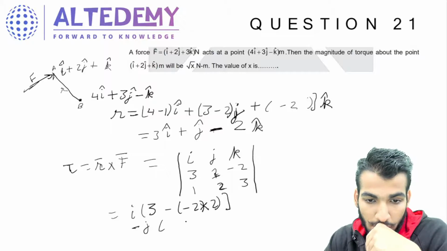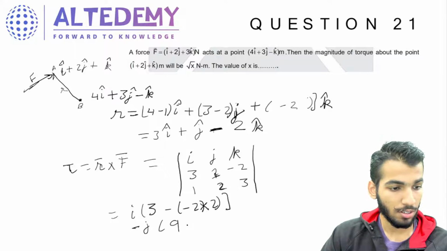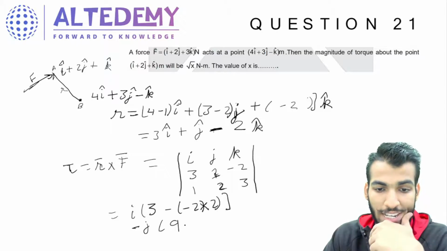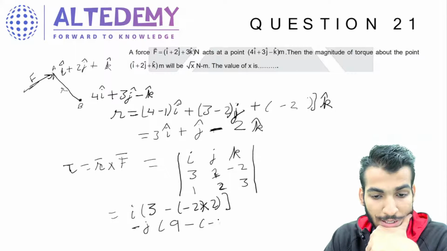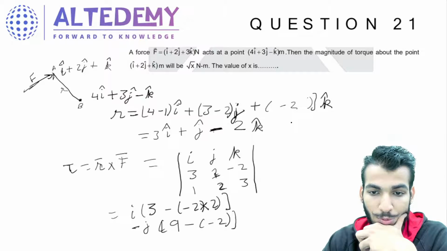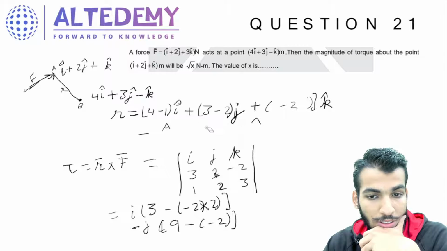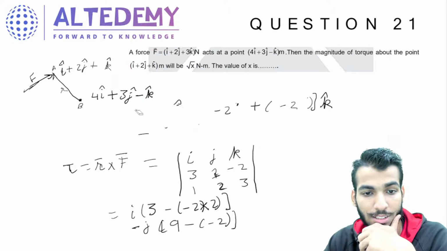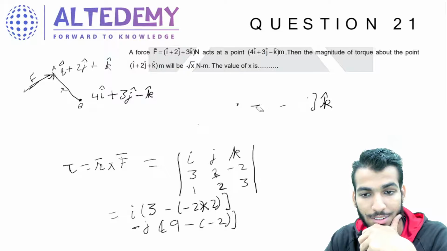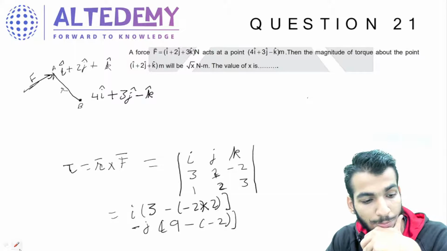Minus j 9. Okay, let's see. Yeah, 9 minus -2 plus k. Let me write it over here. Let me remove what I've written. Oh, come on, this vector gets a little bit messy.